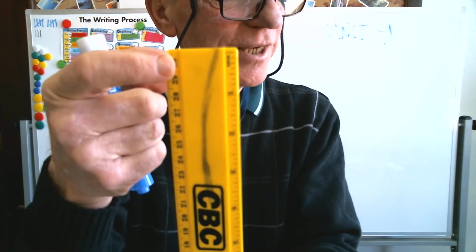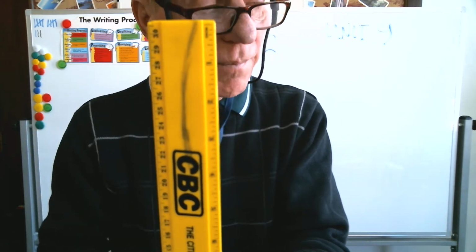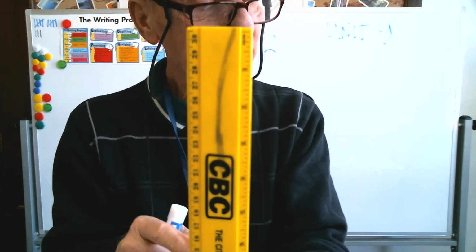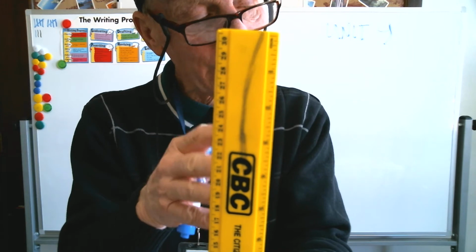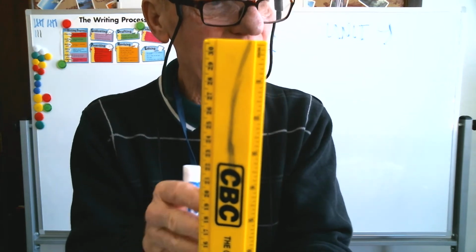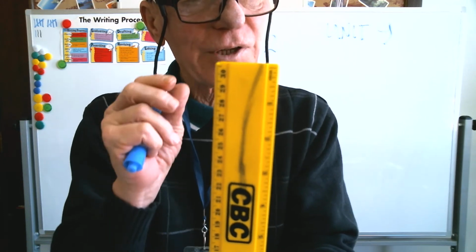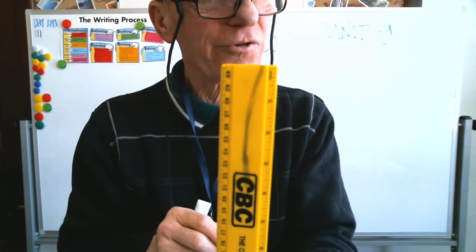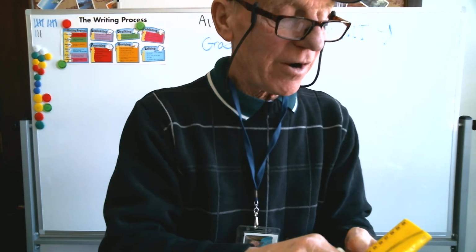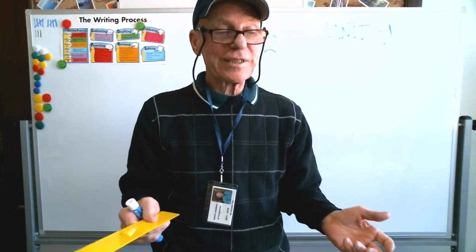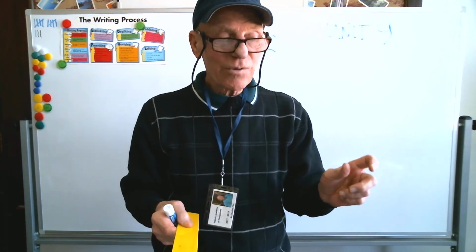This side, you see many more numbers, but those are centimeters. So you can pretty much tell just by looking at the fact that there are more centimeter numbers than there are inch numbers that centimeter is a smaller unit of measurement than the inch. As a matter of fact, it takes about 2 1/2 centimeters to equal about an inch.